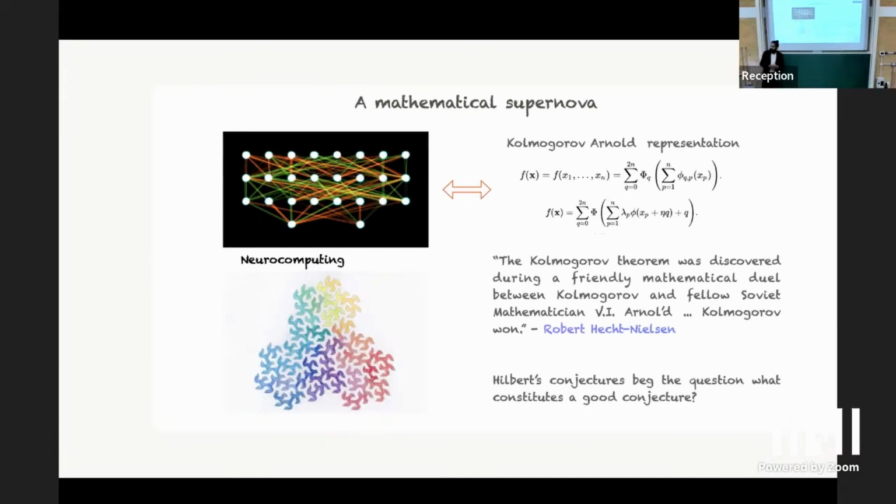Now, there have been several refinements of this representation, and there are many variants of this representation. But the important thing to note here is that it's an exact representation of the function. Now, why do we care about this? One of the interpretations of some of the functions that appear in this representation is that of a space-filling curve.